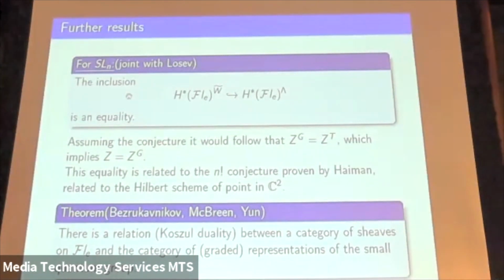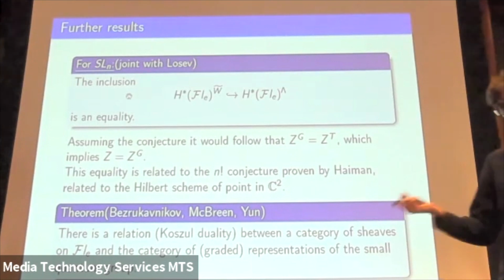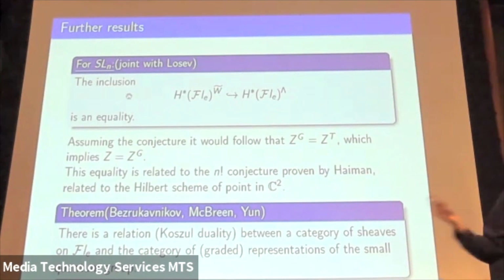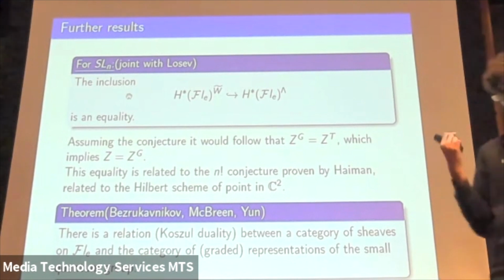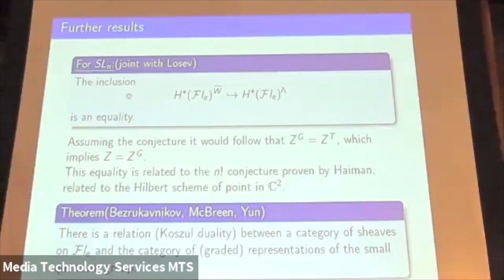For generic q, this deformation parameter, this algebra behaves with similar representation theory to the enveloping algebra. But if you specialize at a p-th root of unity, some more interesting things happen.